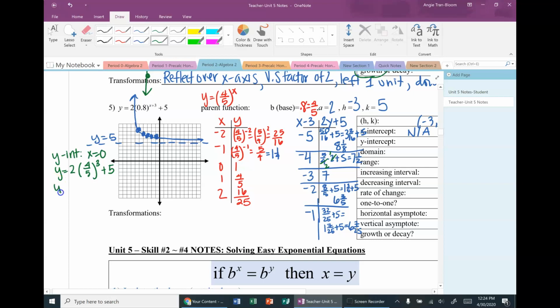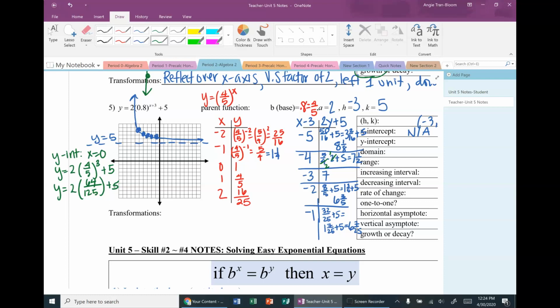So y equals 2 times 4/5 to the third, which is 4 times 4 times 4, and then 5 times 5 times 5. So that will give us 64/125.